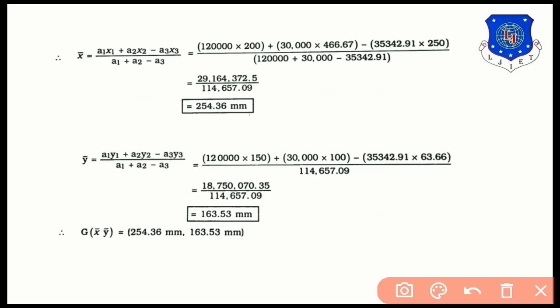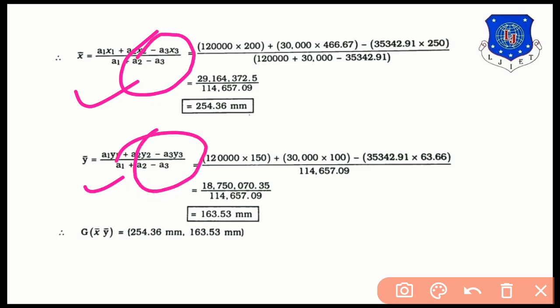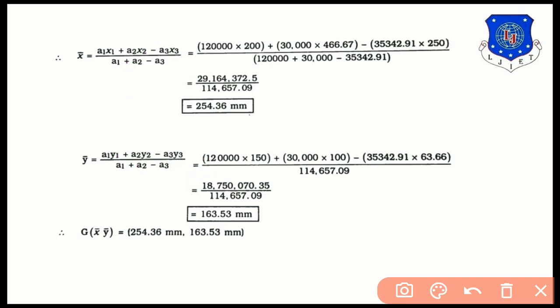This is the calculation of x bar and y bar. You can see in both formulas, part 3 is subtracted from the addition of parts 1 and 2. So what is the formula for x bar now? X bar is equal to a1x1 plus a2x2 minus a3x3 upon a1 plus a2 minus a3.